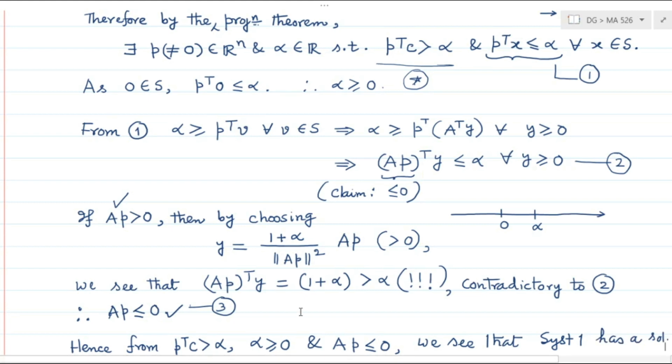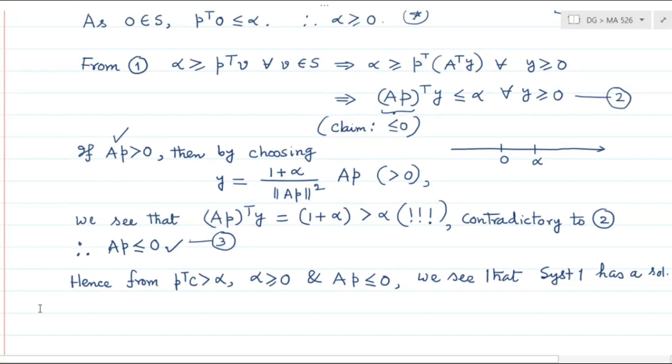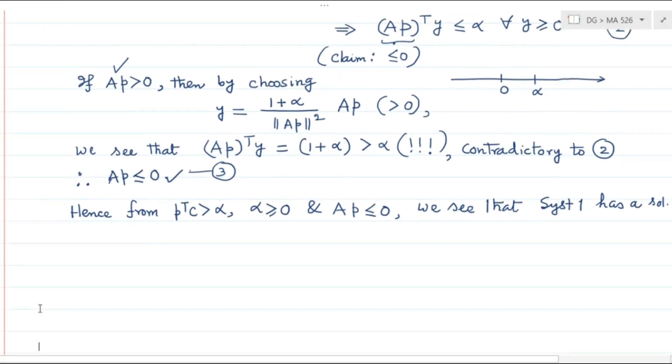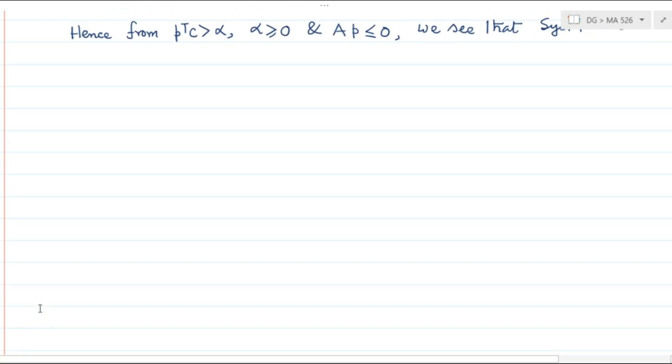You have checked both the cases: in the first case you took that system 2 has a solution, then proved that system 1 does not have a solution. Then you proved that if system 2 has no solution, then system 1 must have a solution. And this completes the proof of the Farkas lemma.